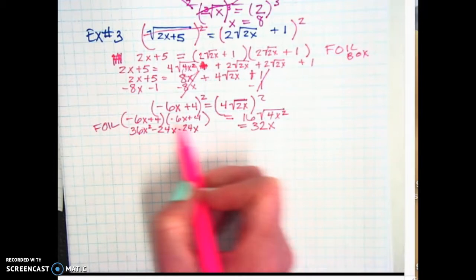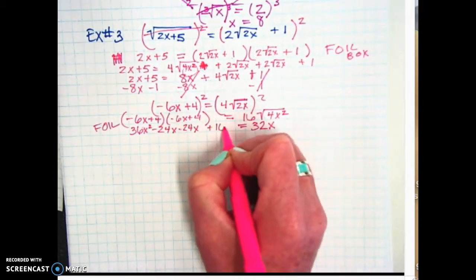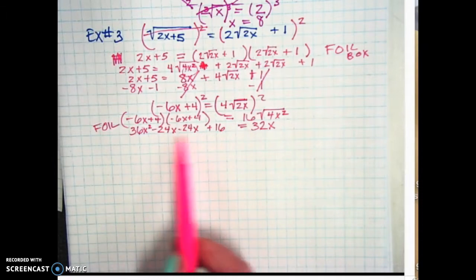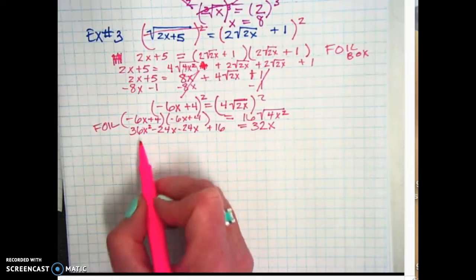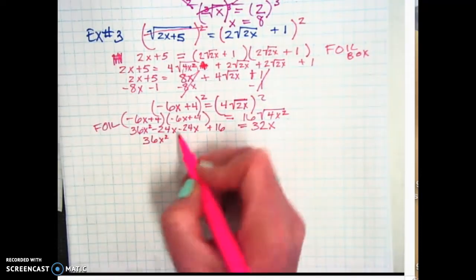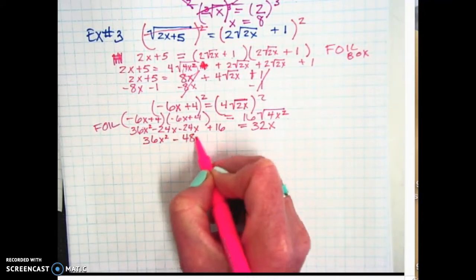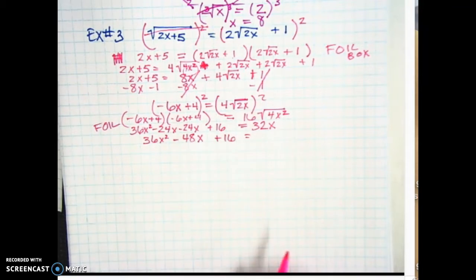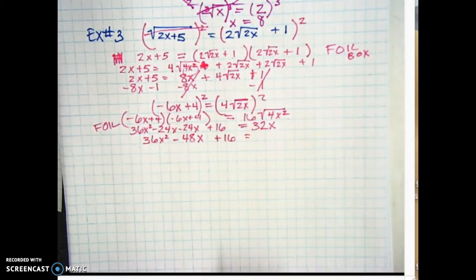L is for last. 4 times 4 is 16. Okay? So again, our two middle terms right here are our like terms that can combine. So we've got 36x squared. These two combine to get negative 48x. Bring down the 16.